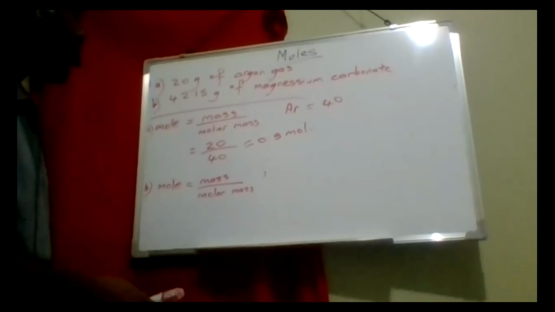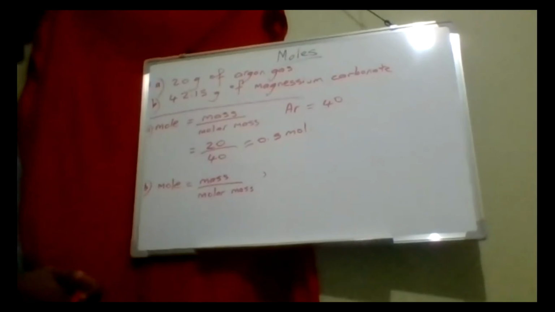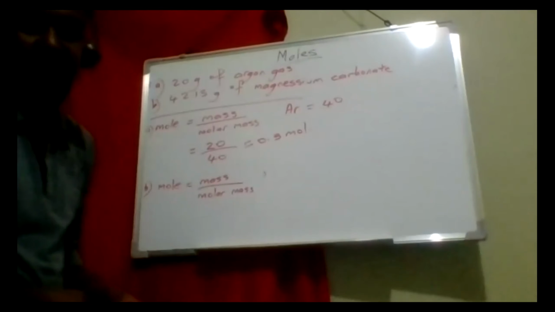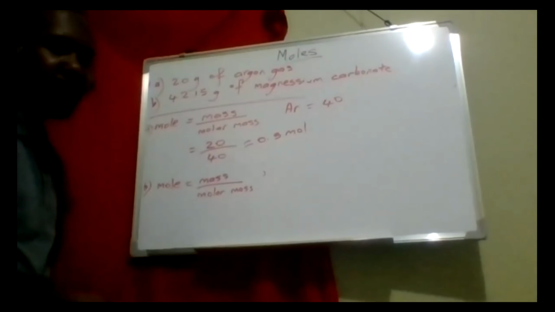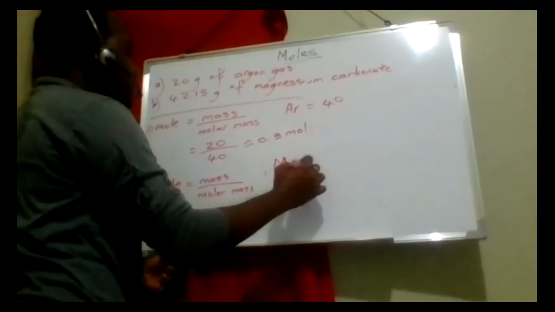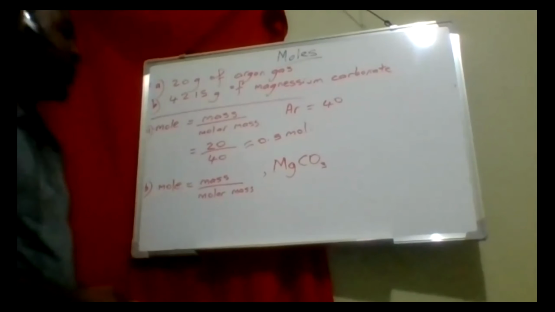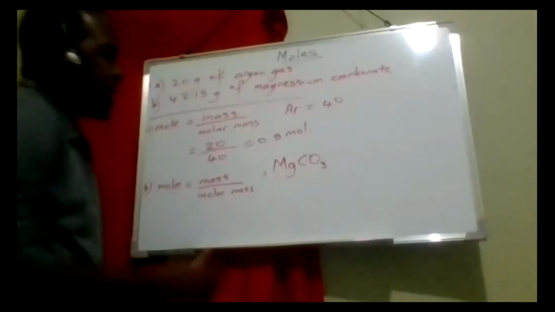Not quite. MgCO3. Remember, carbonate has a 2 as its charge as well, and magnesium has 2, so they cancel each other out. All right, so that's our formula.